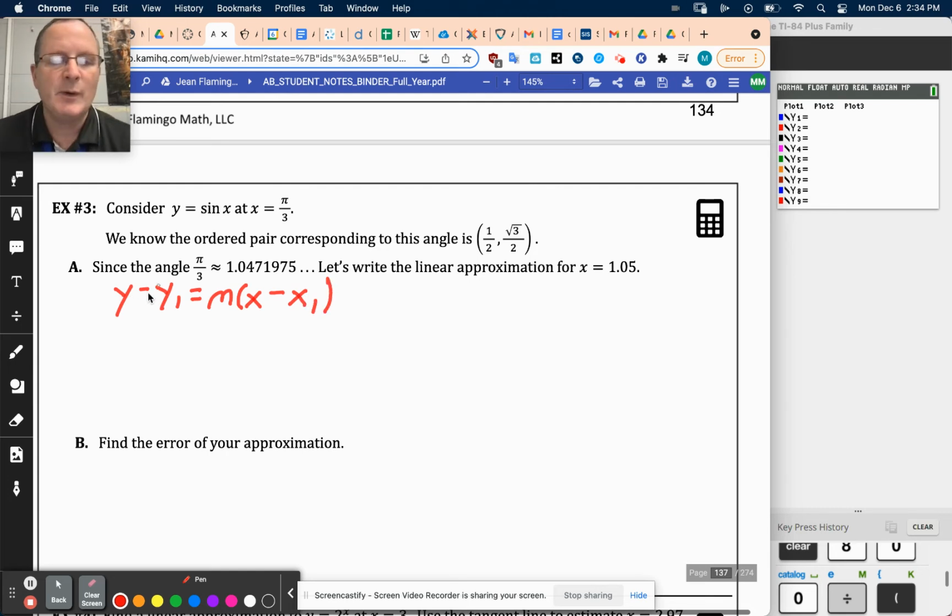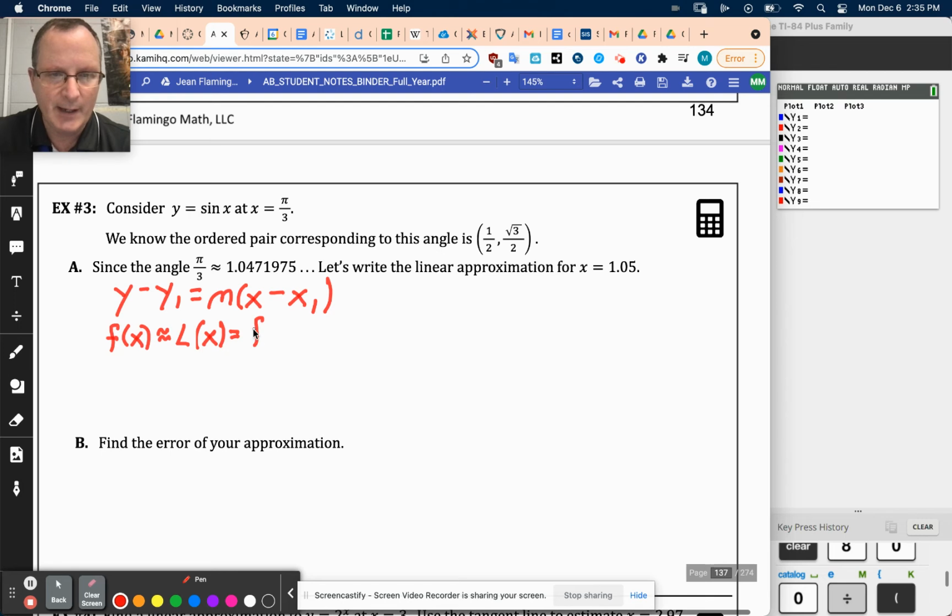Everything is going to work out the same either way. So in general, this would be f of x, and f of x could be approximated using a line. They're going to call it L of x, and that's cool.